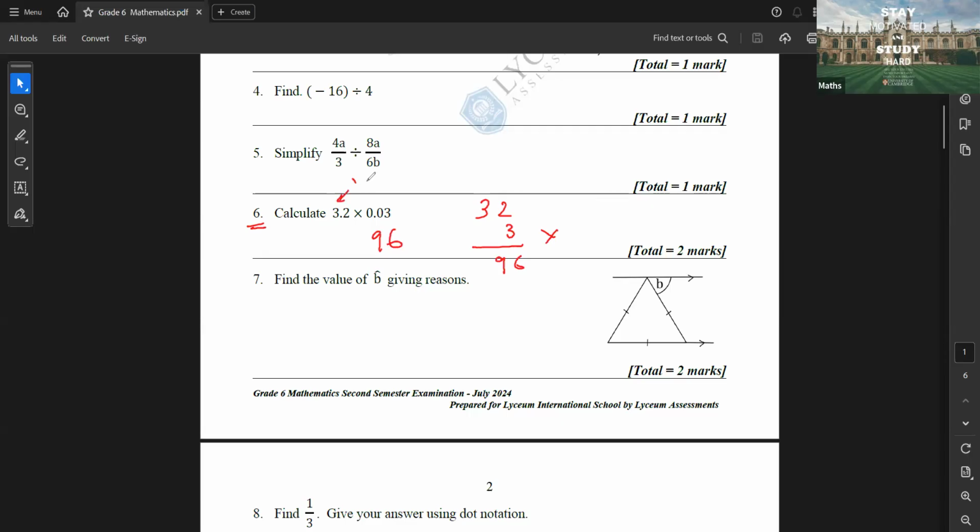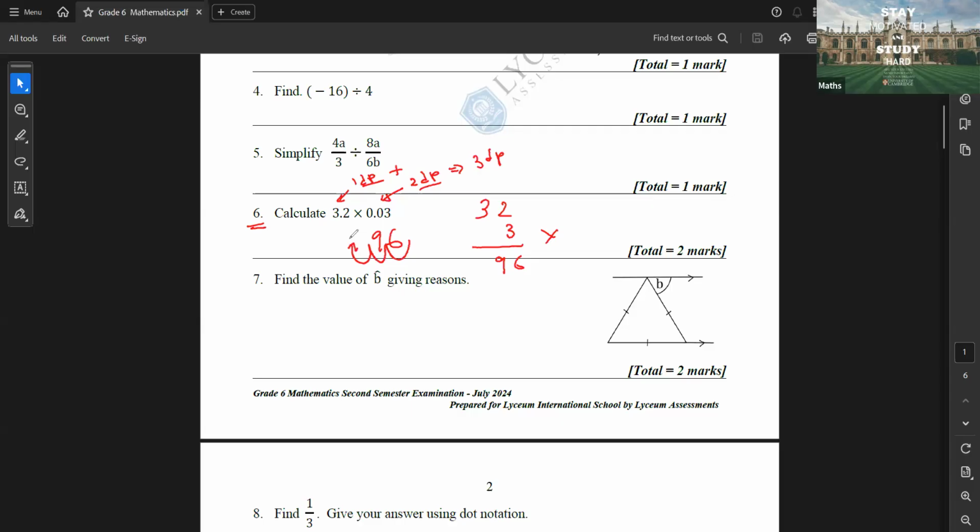Now you have to see: here one decimal place, and here you have 2 decimals. After the decimal point 1 number, after the decimal point 2 numbers. So altogether how much? 1 decimal place, 2 decimal places, 3 decimal places. So you have to come back and keep the decimal point: 1, 2, 3.